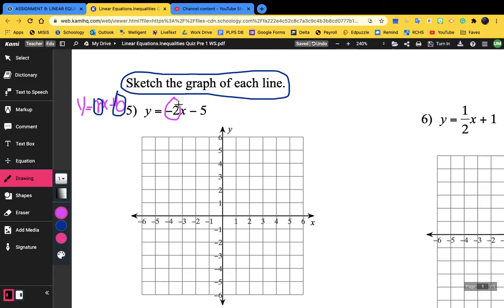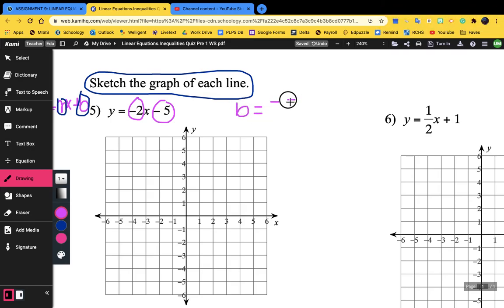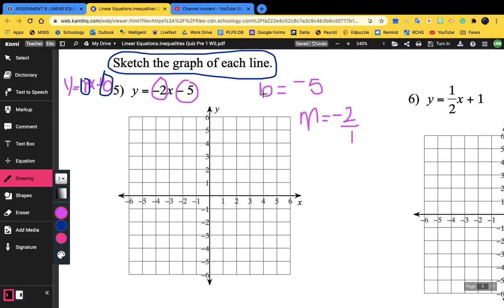So my m is negative 2, my b is negative 5. So b is equal to negative 5, and my m is equal to negative 2, but I need it as a fraction, so I'm going to put a 1 under that. My b is my y-intercept.